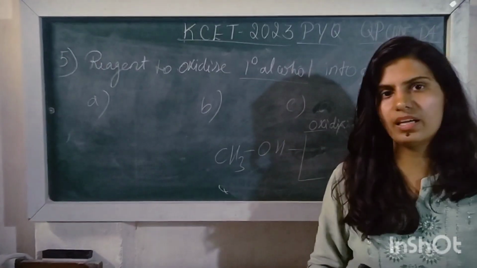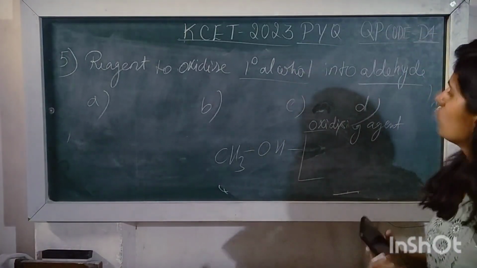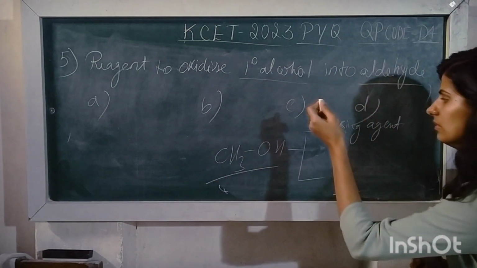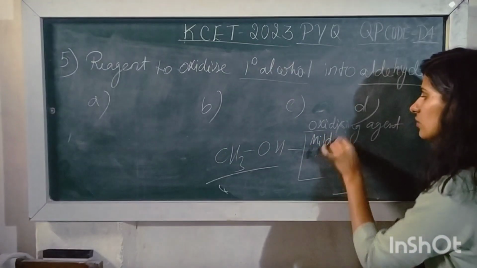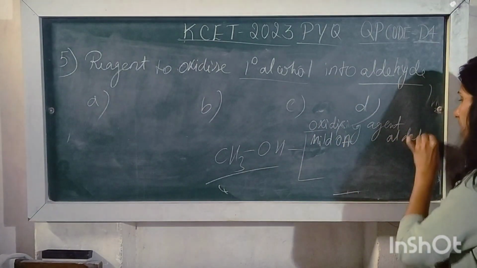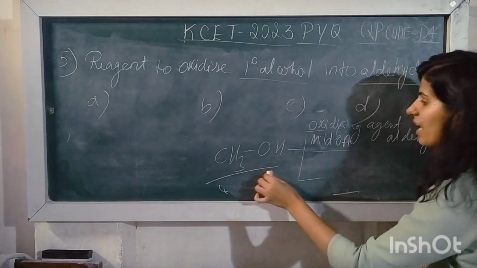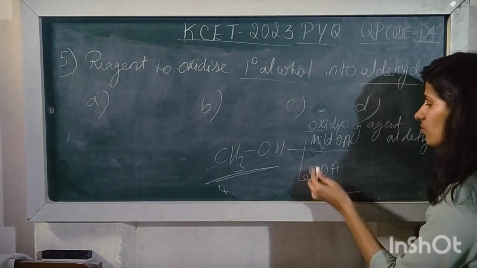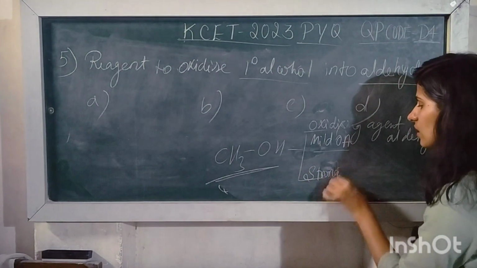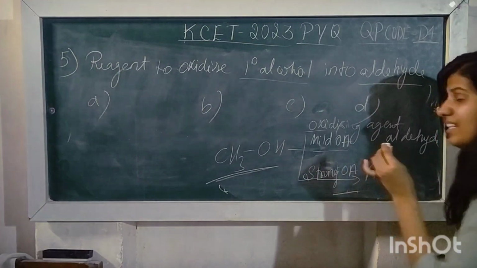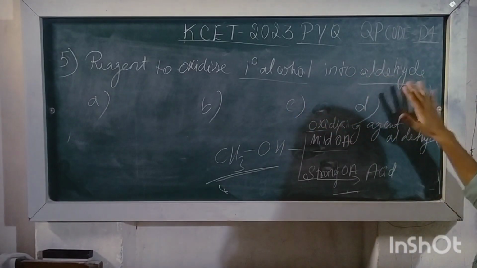Some are strong oxidizing agents, some are mild. Whenever the alcohol is treated with mild oxidizing agents, we get aldehydes. But whenever we react alcohol with strong oxidizing agents, we get acid.